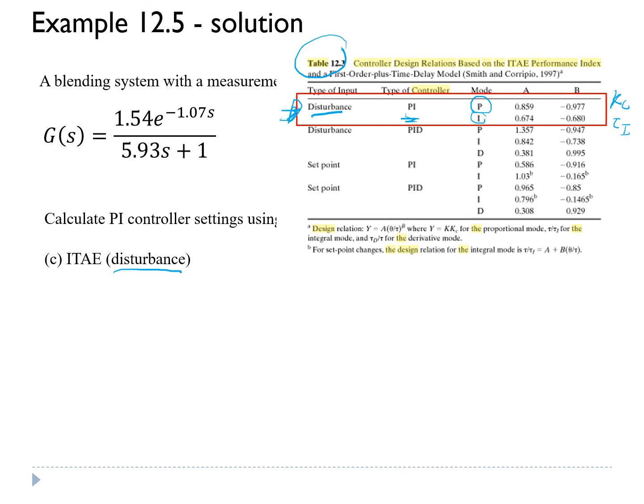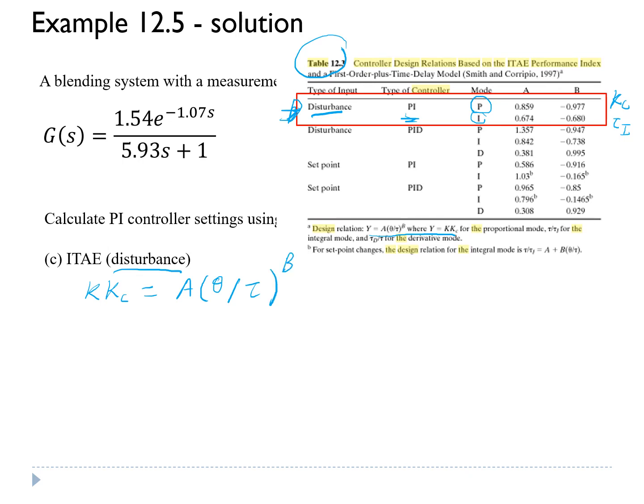So now, according to the table, you are given this expression. First to calculate the KC value, K times KC equal to A times time delay divided by tau to the power of beta.